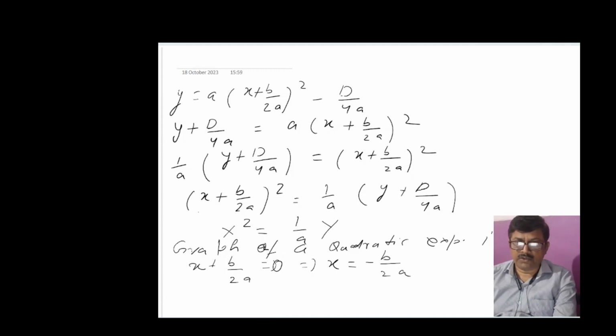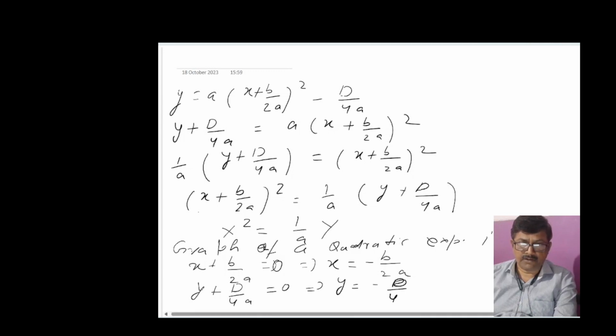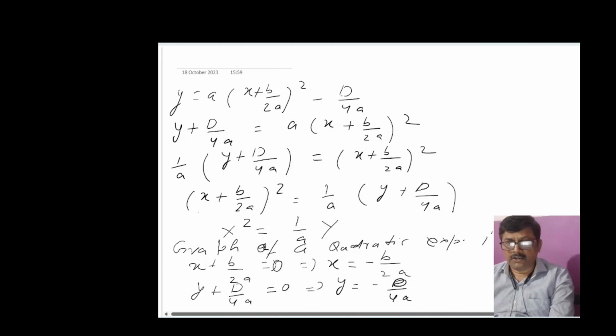Now also put this right hand side portion inside the bracket equal to 0. This is the method of finding the vertex. So we will get y equals minus D upon 4a, correct? So this is our vertex, okay?